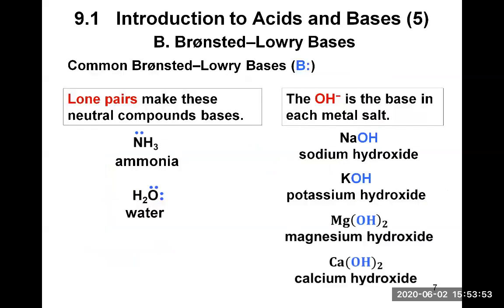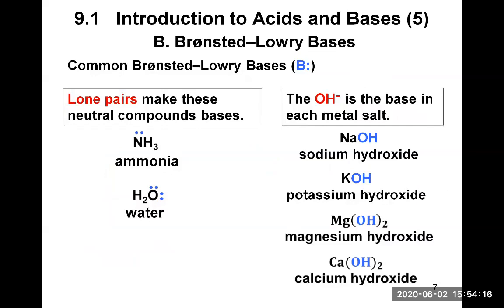Common Bronsted-Lowry bases are symbolized in a generic form by B with a lone pair. Bases must have lone pairs, and for example, neutral compounds like ammonia and water can act as bases because they have lone pairs.